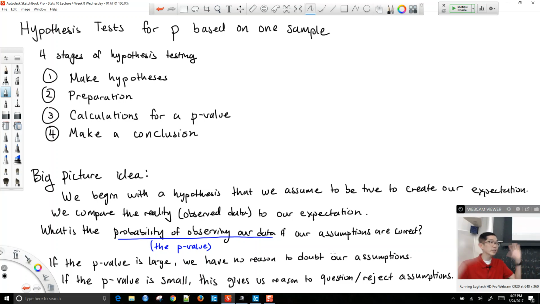So that's the big picture context. We want to know what's the probability of our data if our assumptions are true. If that probability is high, we have no reason to doubt our assumptions. If the probability of our data is low, that gives us a reason to question or reject the assumptions that we made. Yes?